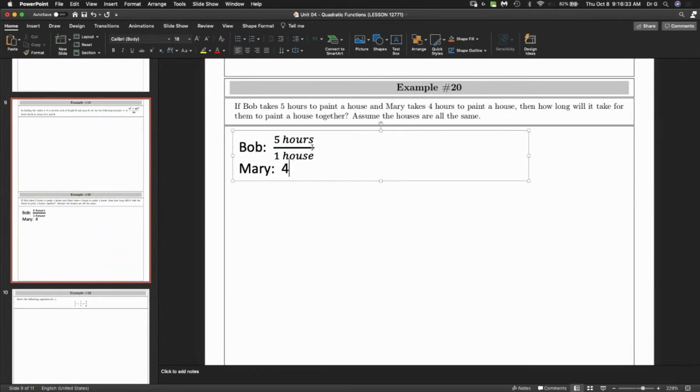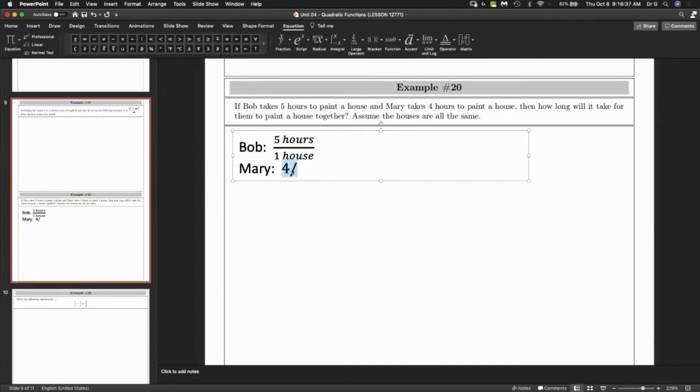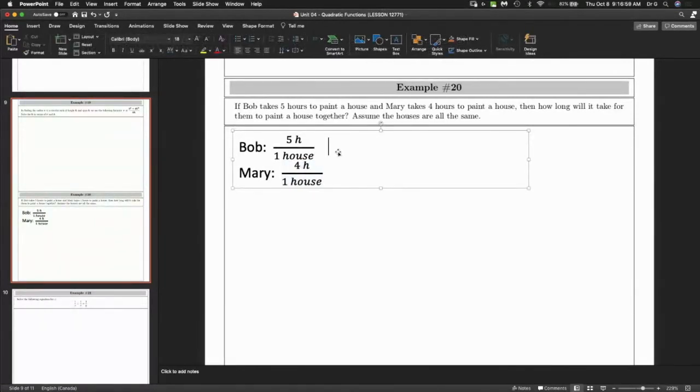I have to do the fraction first because it's confusing. So you see how the issue is, it doesn't really make sense to add these together because you have hours on top. If hours were on the bottom, you could add them together because it would make sense.